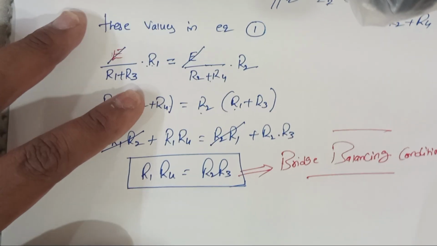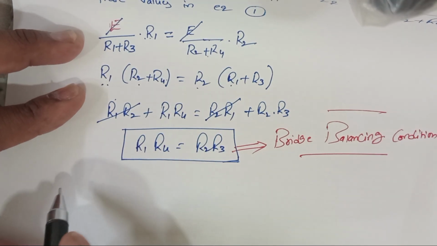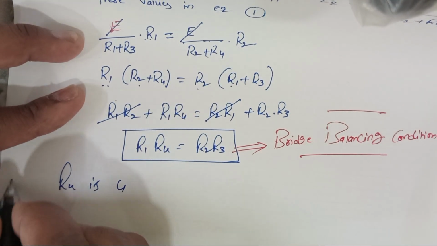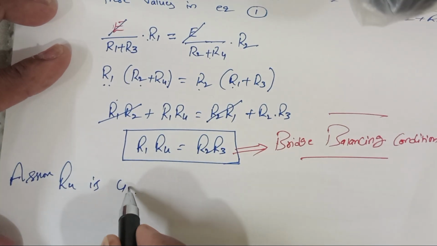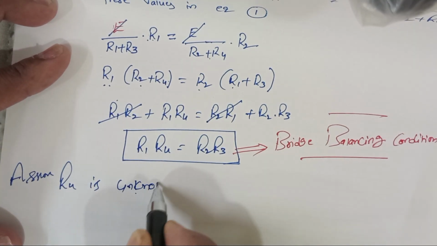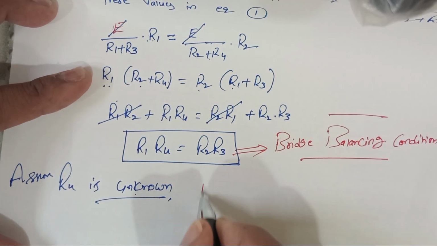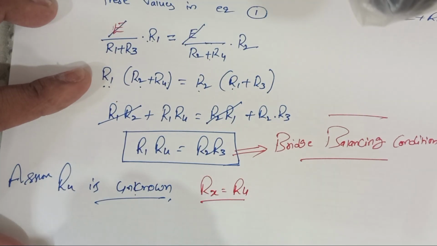If one of the resistors is unknown, I'm assuming here R4 is the unknown value. That is, I'm taking Rx equal to R4, the unknown value.